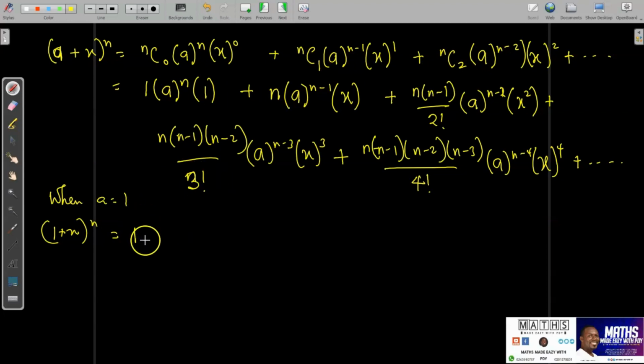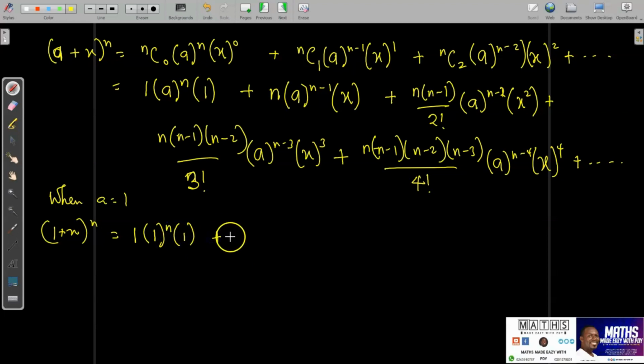Let me quote it all over again. I'm quoting it from this second line. I don't want to go to the first line. The first line, we know how to quote it now. So on the second line, we'll have 1 times 1 all raised to the power n times 1.